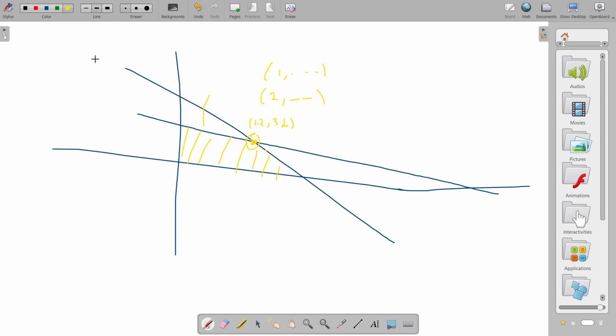Suppose, taking the red pen, this is 1.2 and this is x equals 2, and this is y equals, suppose, 2.5. So y can also not be fractional, so I will take the floor value of y, which will be 2. So either this can be the optimal answer or it can be to the left.